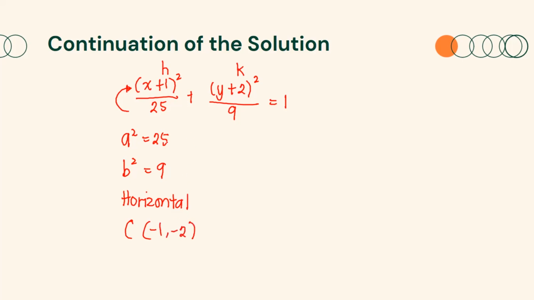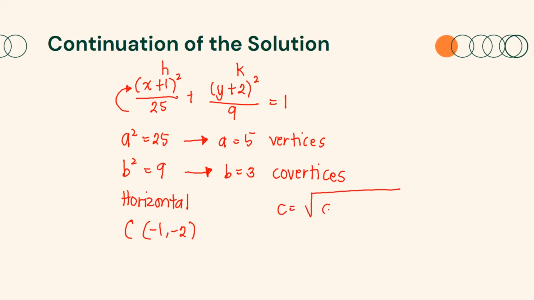Furthermore, since a² is equal to 25, it follows that a is equal to 5, which is the distance of the vertices from the center. On the other hand, since b² is equal to 9, it follows that b is equal to 3, which is the distance of the co-vertices from the center. For the foci, we need to solve for the value of c using the formula c equals the square root of a² minus b².